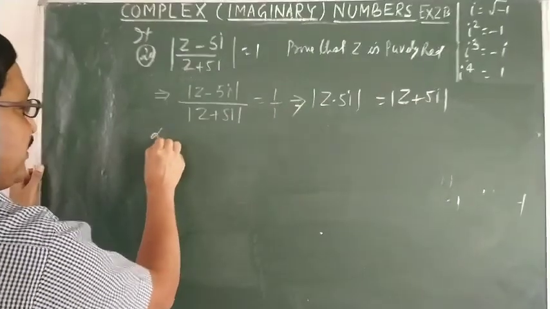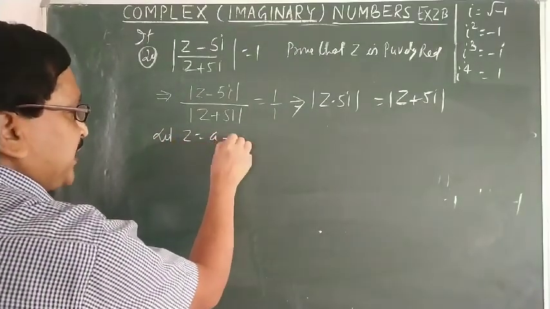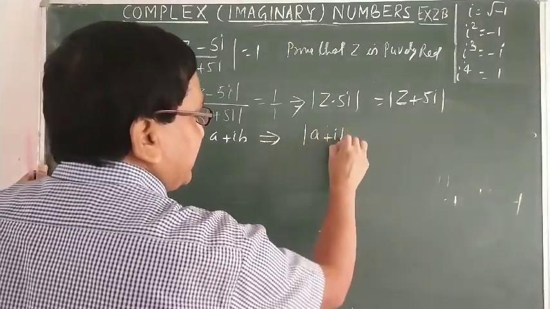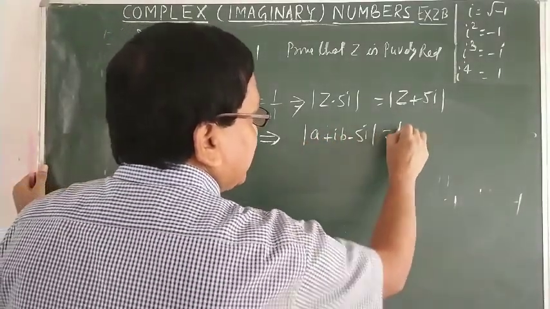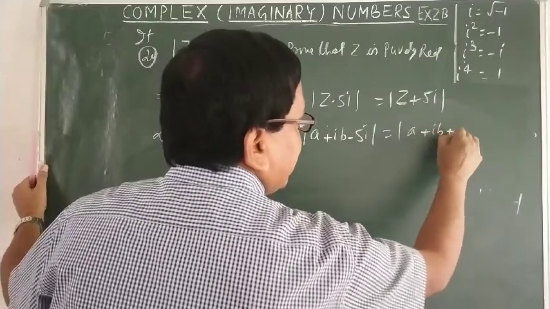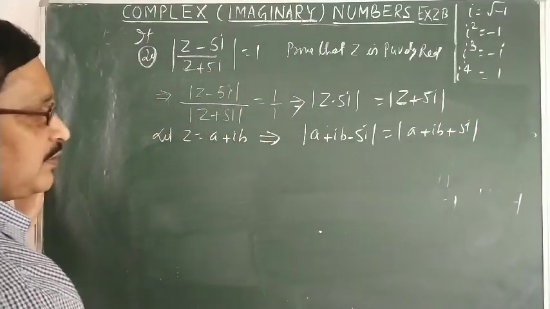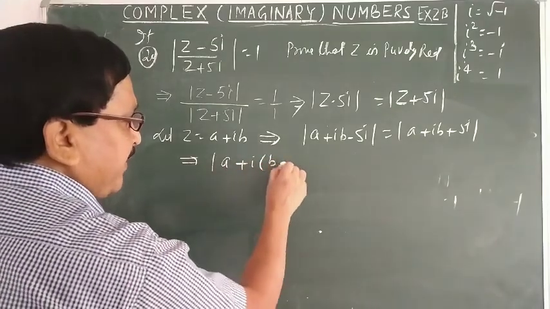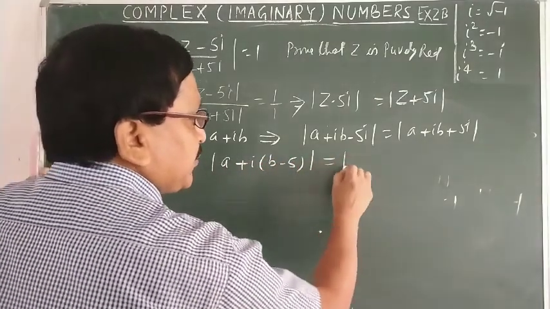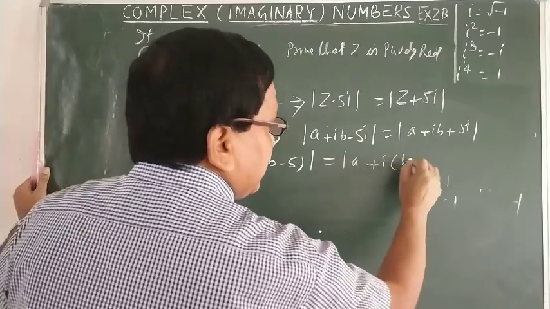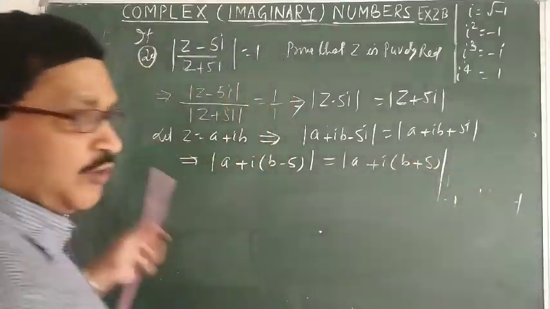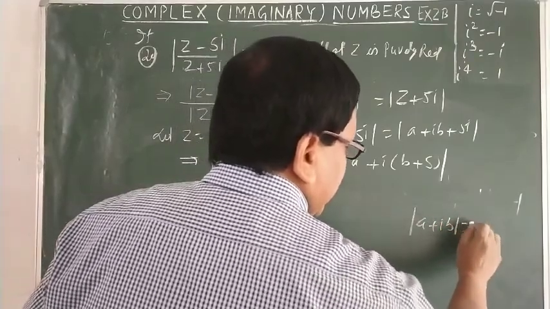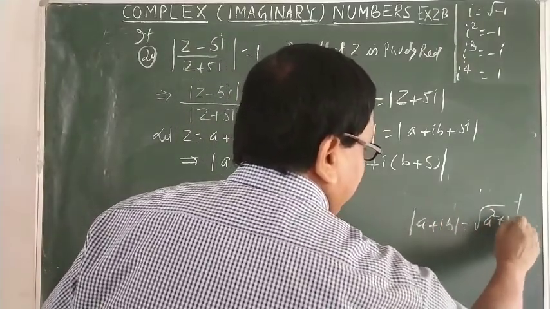Now let z is equal to a plus ib. So we get mod a plus ib minus 5 equals mod a plus ib plus 5. Now this is mod of a plus i, common, b minus 5, is equal to mod of a plus i, common, b plus 5. Now you know the modulus of a plus ib is root of a square plus b square.